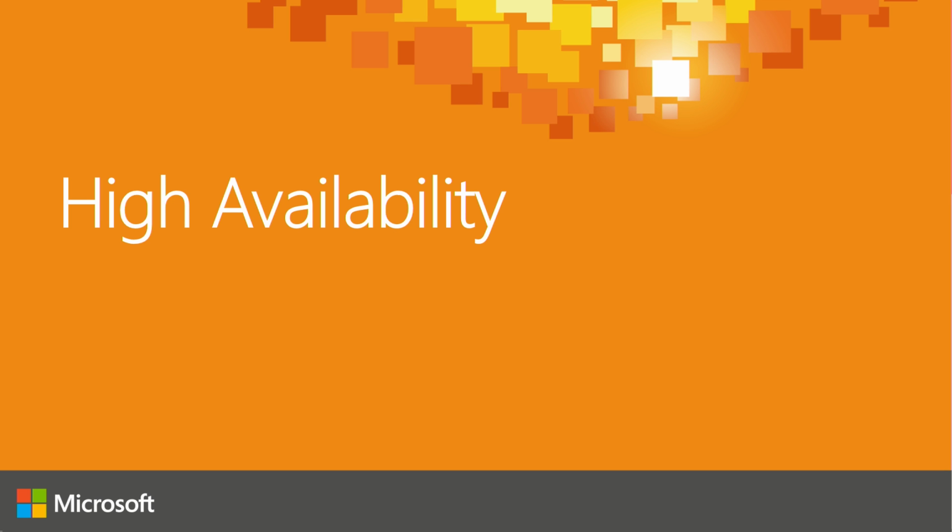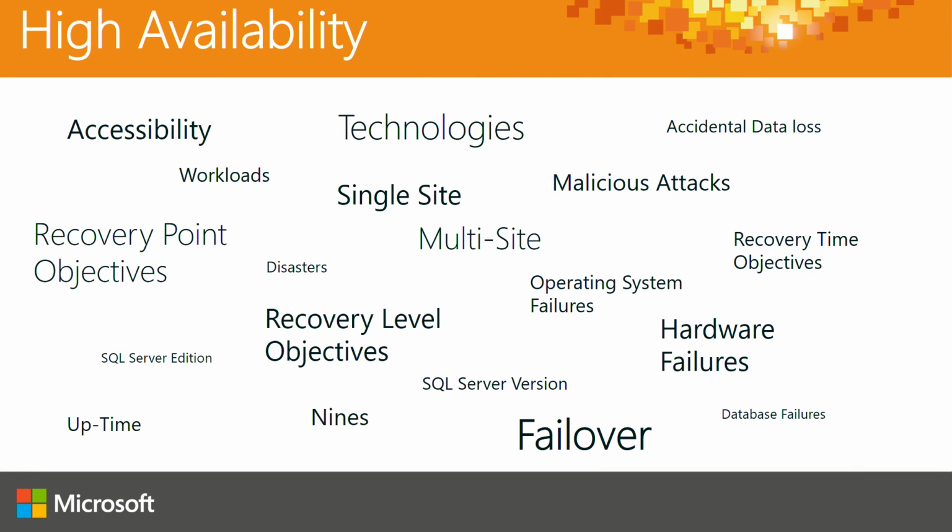Thanks, Woz. We are all familiar with the many concepts of high availability. This word cloud here shows us we have multi-site, we have failover, we have technologies, malicious attacks. These are all concepts that are very familiar to all of us here in this room.